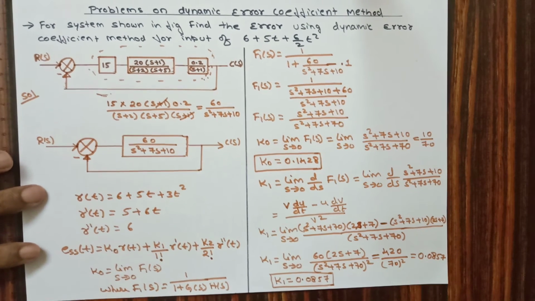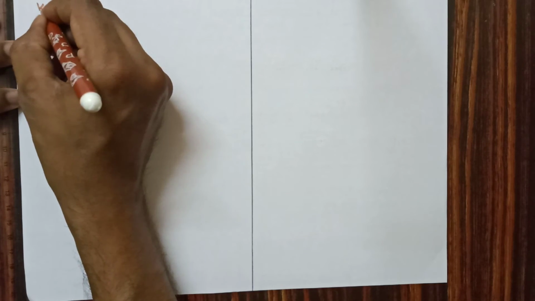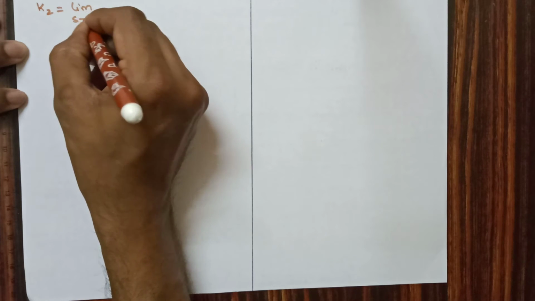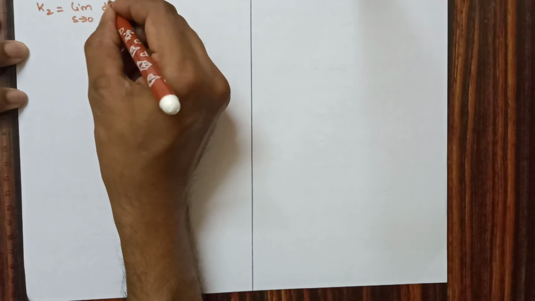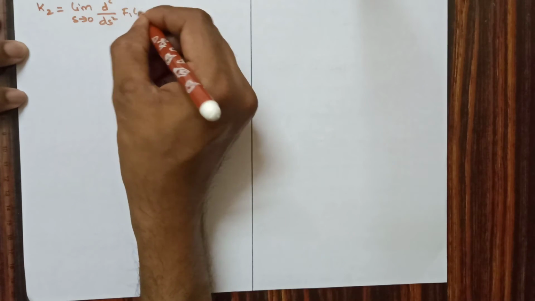Next we'll calculate, with respect to the formula, the k2 value. K2 formula: k2 is equivalent to limit s tends to 0 d square by ds square f1 of s.